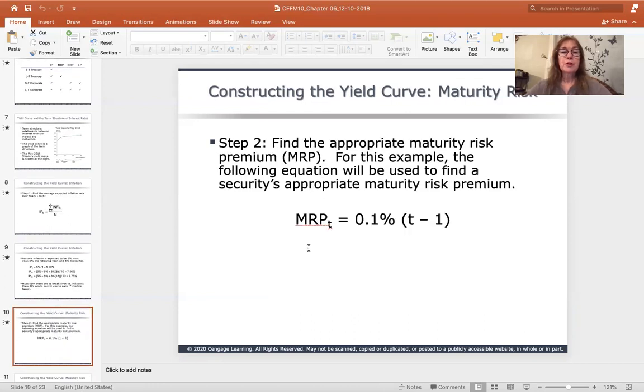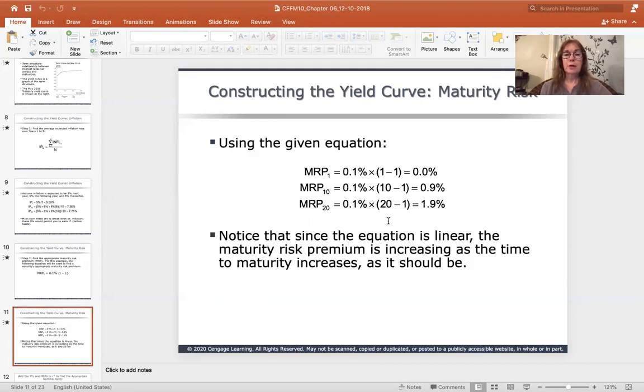The maturity risk premium is usually a really low number. It's 0.1% typically. So they're saying here that the maturity risk premium is 0.1% times T minus 1, T meaning the number of years to maturity. So in other words, if you had a 10-year bond, well, let's see on the next page. If you had a 10-year bond, you're going to multiply 0.1 times 9, 10 minus 1 years.